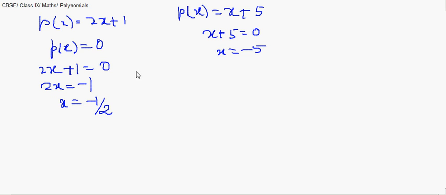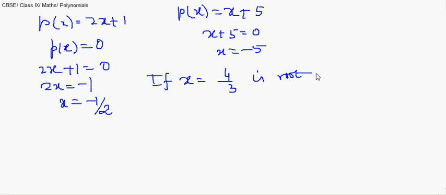It says if x is equal to 4 by 3, this is a root of a polynomial. Now when I'm writing this question, what does root of a polynomial mean? 0 or root of a polynomial, they mean the same. Either we call it a 0 of the polynomial or a root of the polynomial.